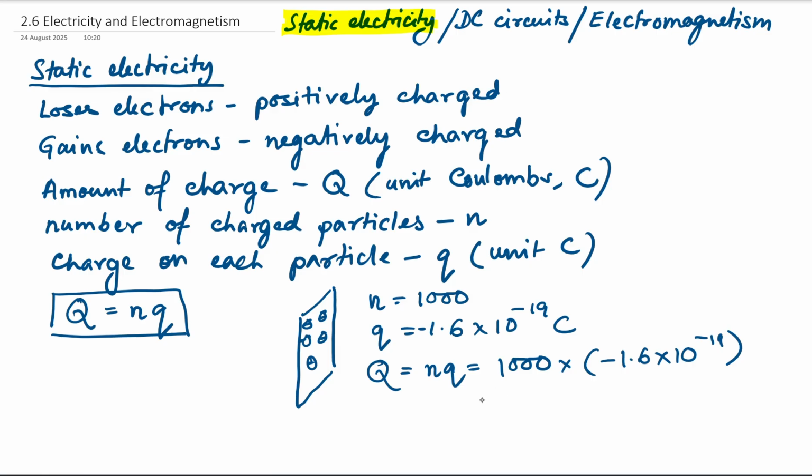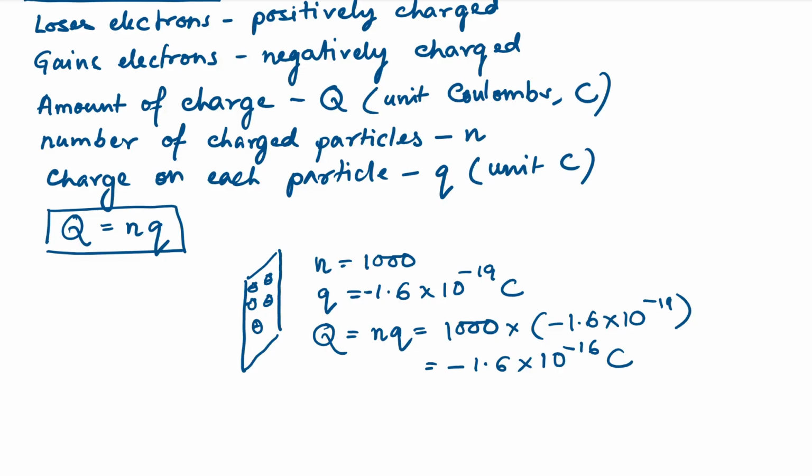And if you do the math using your calculator, you'll get a negative number because it's negatively charged, times 10 to the power of negative 16 coulombs. So that's the amount of charge on this metal plate. Okay, so this was our first example. So let's say it's example 1.